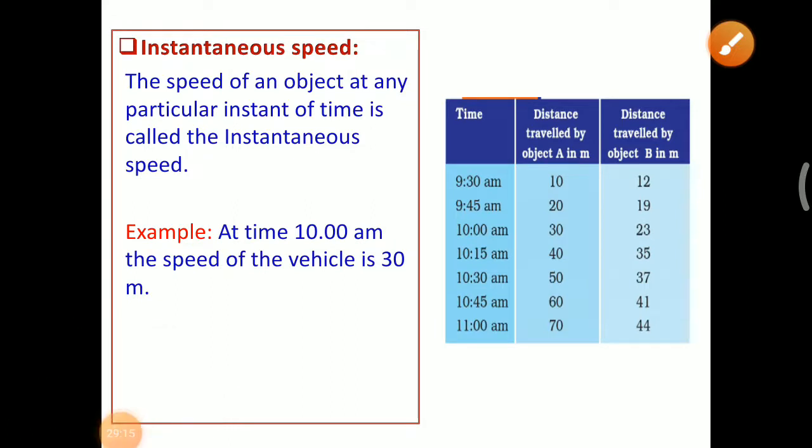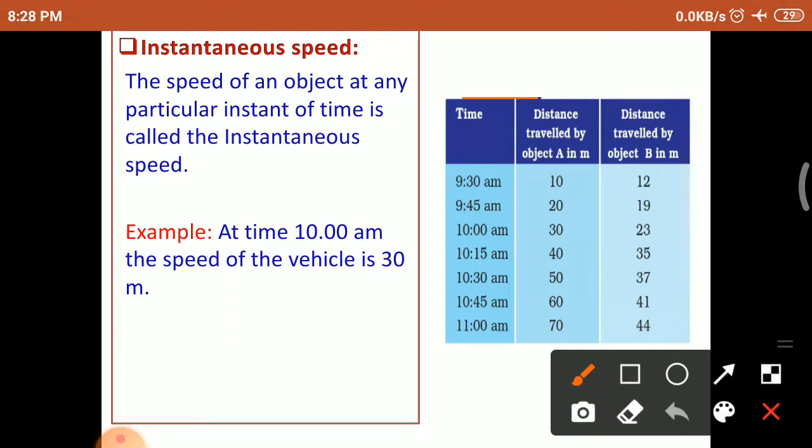The next one, instantaneous speed. So uniform speed we learned, non-uniform speed we learned, average speed we learned. So what is meant by instantaneous speed? Instantaneous speed is the speed of an object at any particular instant of time. If I asked at 10:40 am what is the speed of the object A?